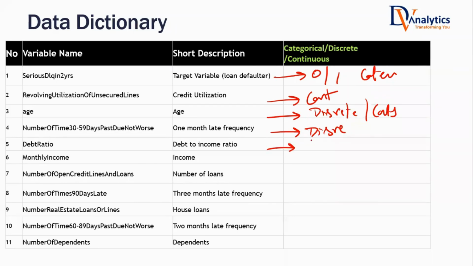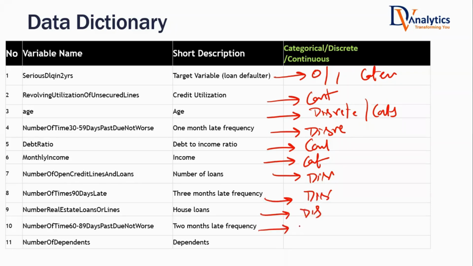Debt ratio: continuous. Monthly income: continuous. Number of loans: discrete. 3-month late frequency: discrete. House loans: discrete. 2-month late frequency, dependents: discrete. Absolutely clear on this?